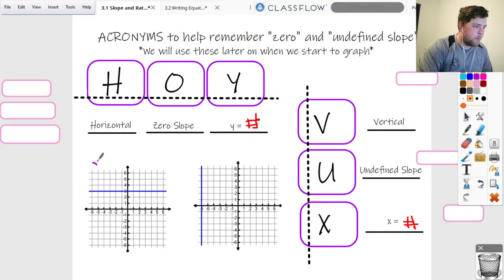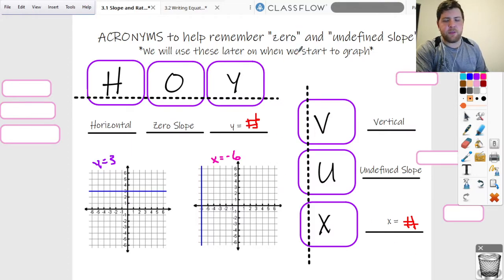This line would be y equals 3. Here on this one, it's a vertical line that passes through -6. So this would be x equals -6. And these are our special cases when it comes to slope. We've got positive slope, negative slope, zero slope, and undefined slope.